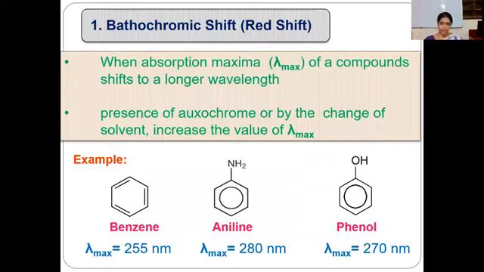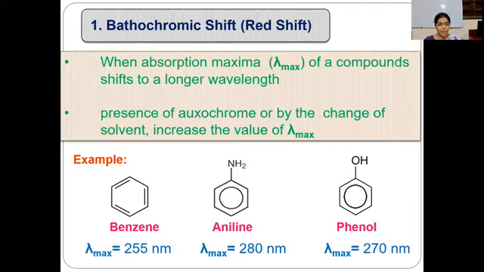First is bathochromic shift or red shift. When absorption maxima or the value of lambda max for a particular compound shifted towards the longer value of wavelength, then it is known as bathochromic shift.